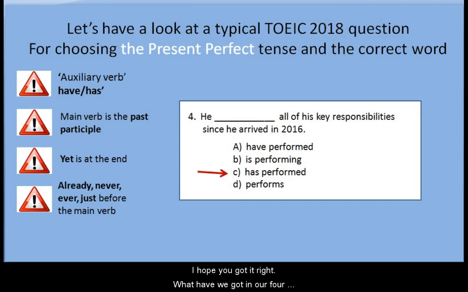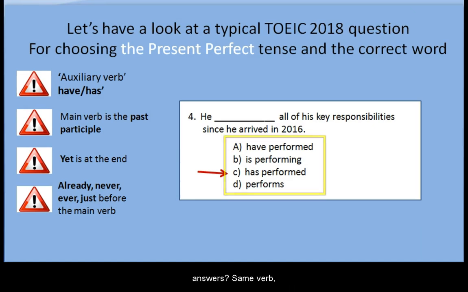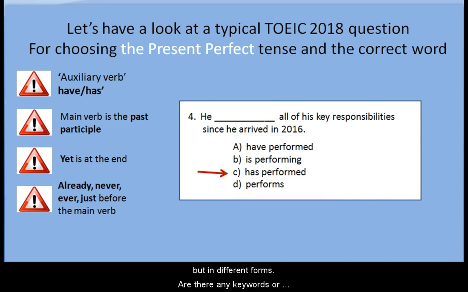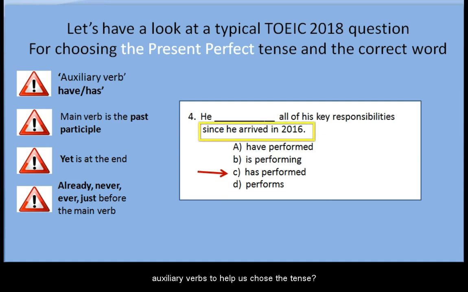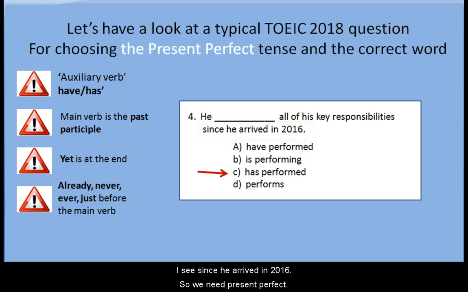I hope you got it right. What have we got in our 4 answers? Same verb, but in different forms. Are there any keywords or auxiliary verbs to help us choose the tense? I see "since he arrived in 2016." So we need present perfect.